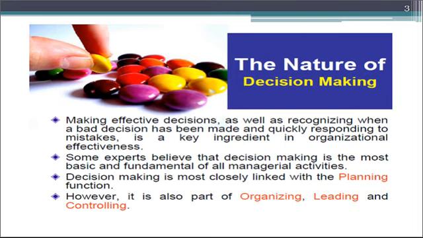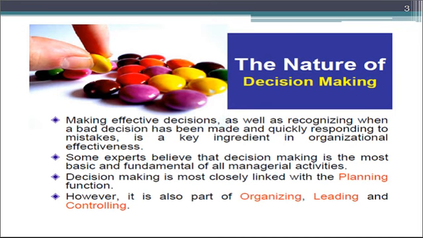Some experts also believe that decision making is the most basic and fundamental of all managerial activities. As we know, the manager is also one of the key important factors of any organization, because he is actually involved in the planning, organizing, coordinating and controlling all the processes and activities of the organization.